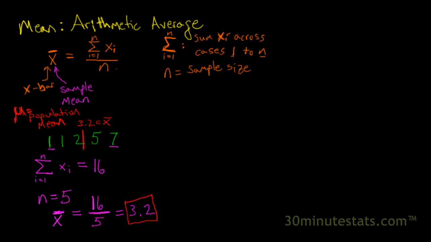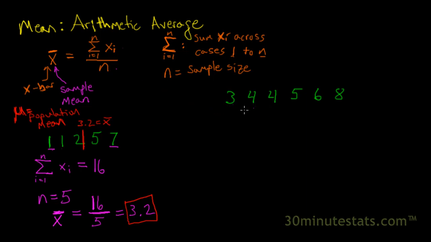Let's look at another example. Let's say we have another array of data, and we've got 3, 4, 4, 5, 5, and 8. Okay, so we've got these 6 observations here, and we want to calculate the average for these observations.